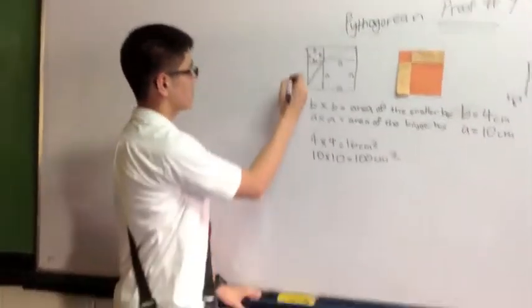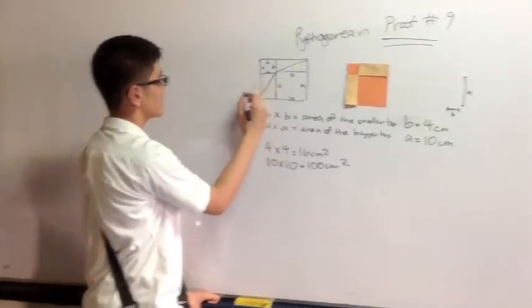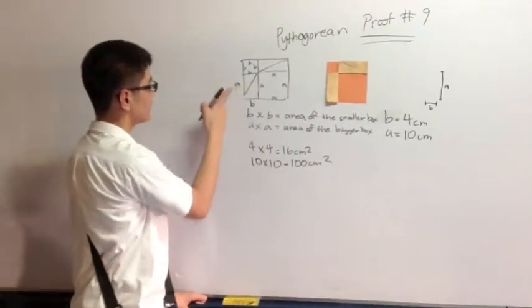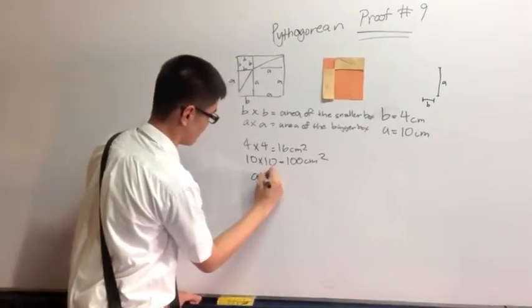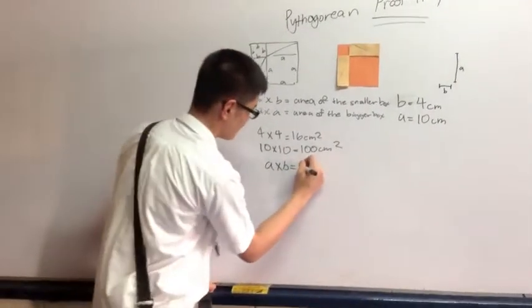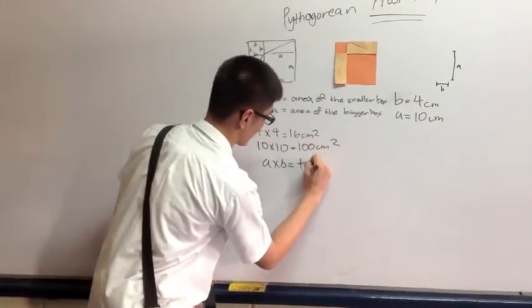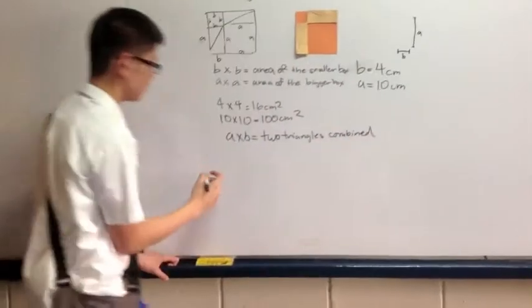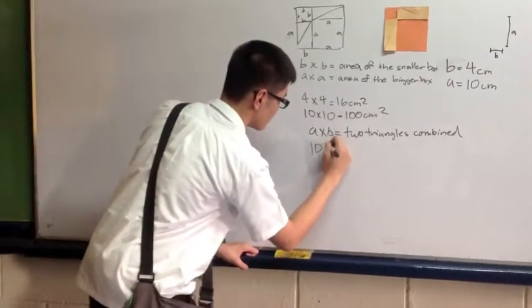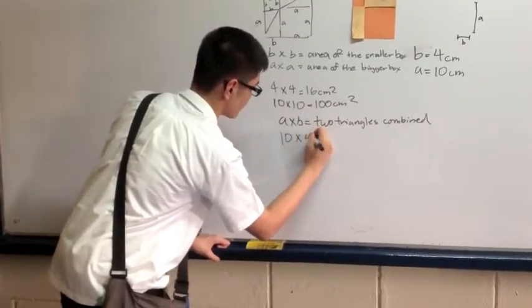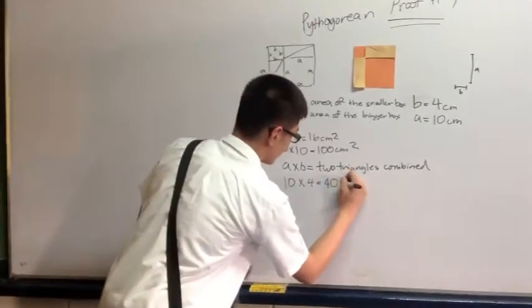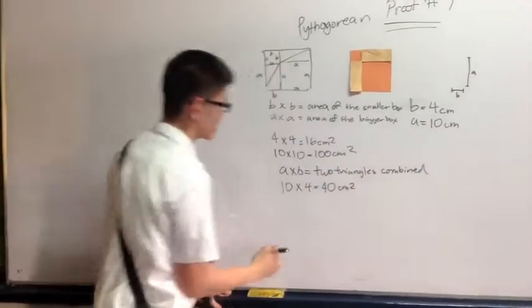Since we know that this is A and this is B, we just multiply A and B to get the area of the 2 triangles combined. So A, which is 10, multiplied by B, which is 4, is equal to 40. So we know that it is 40 centimeters squared.